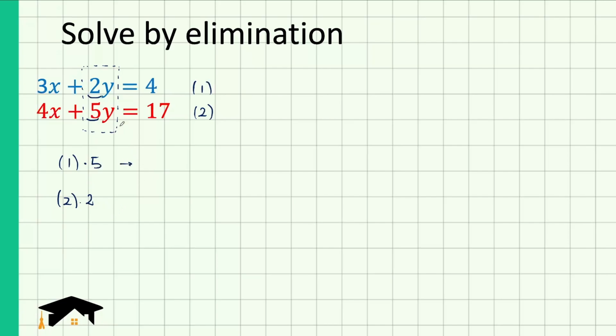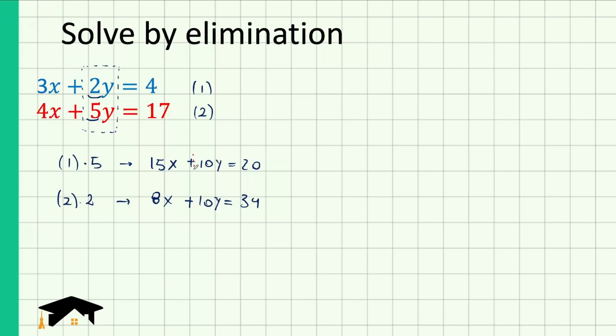The first one will give me 3 times 5 is 15x, plus 2 times 5 is 10y, and 4 times 5 is 20. The second one, times 2, will give me 4x times 2, 8x, plus 5y times 2 is 10y. 17 times 2 is 34.